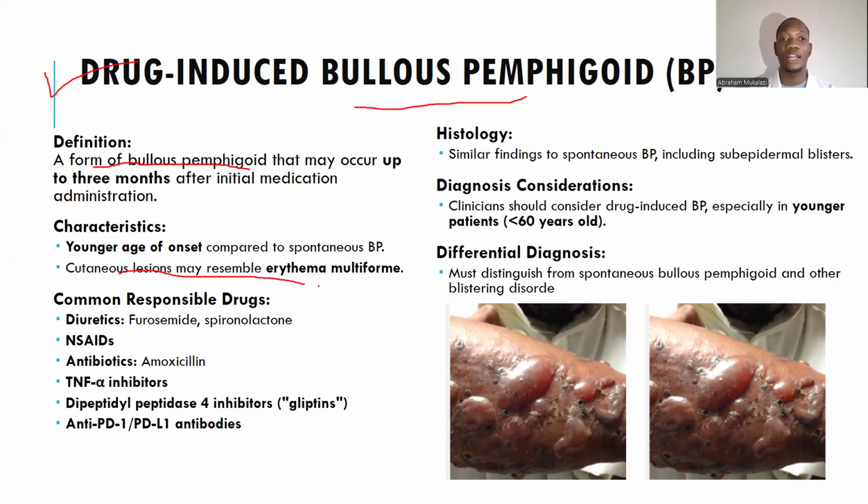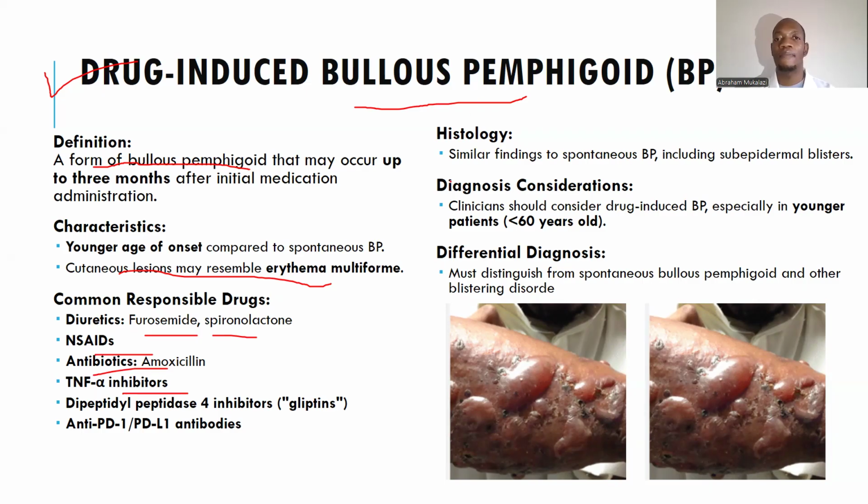Sometimes the lesions can resemble eczema, and sometimes these lesions can just be urticarial. So the common drugs that have been identified are diuretics, NSAIDs, antibiotics, and also other drugs like anti-PD-1 drugs, or even PD-L1 antibodies.